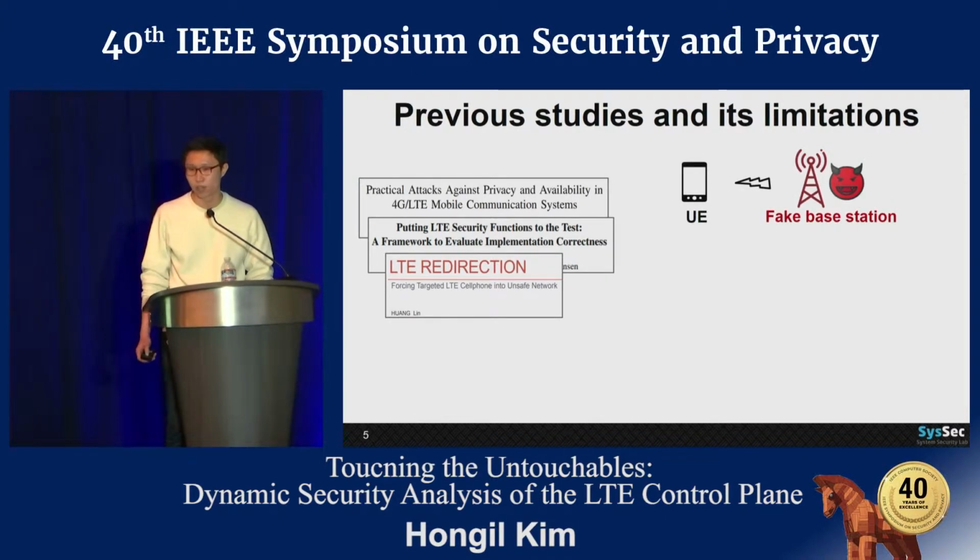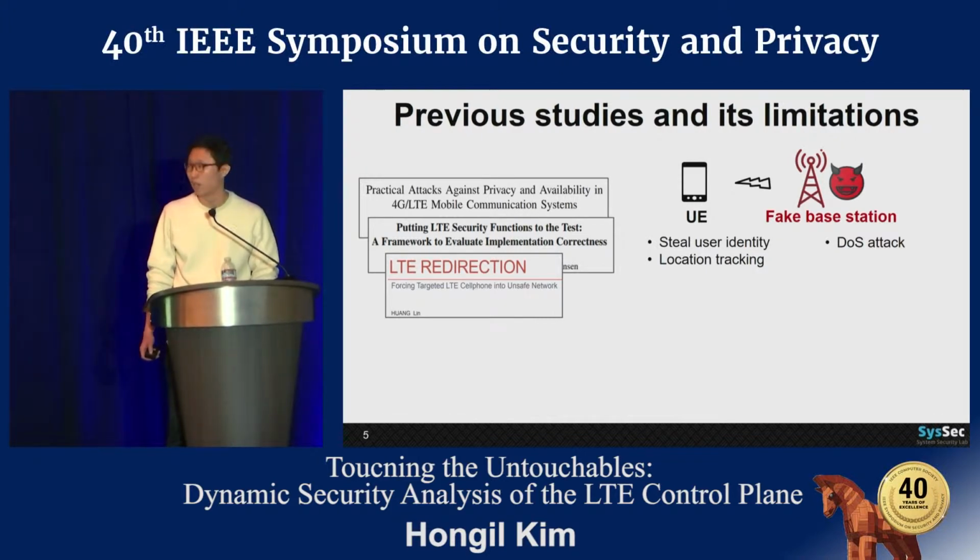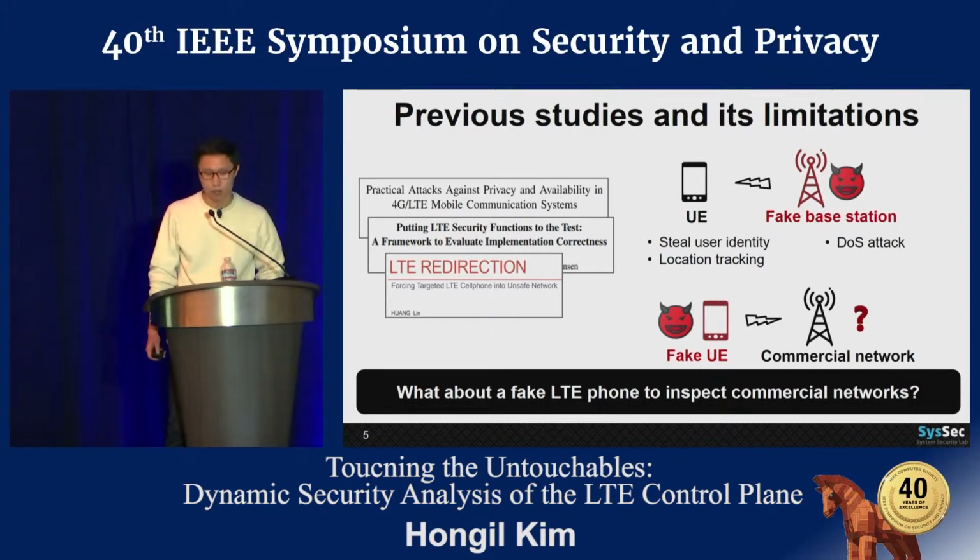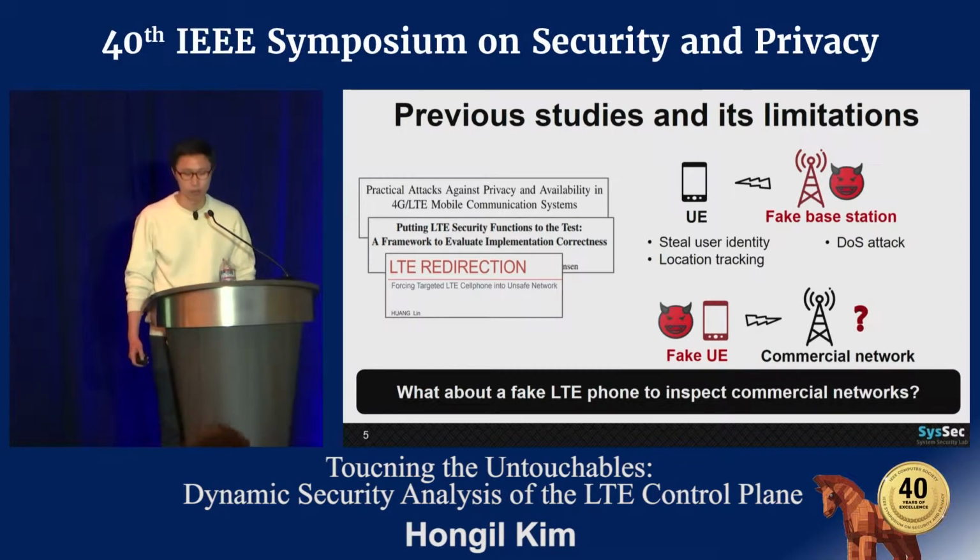Using this fake base station, the attacker can steal user identity, track the user's location, or perform other attacks on the victim. However, those studies mostly focus on identifying phone-side vulnerabilities.